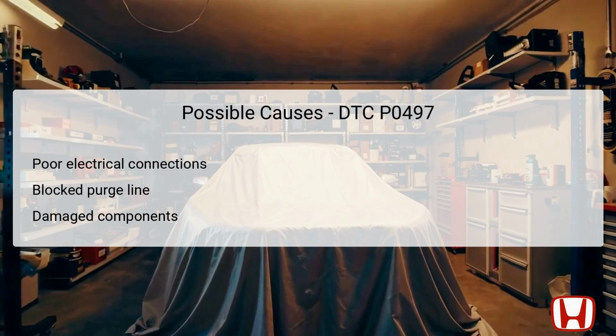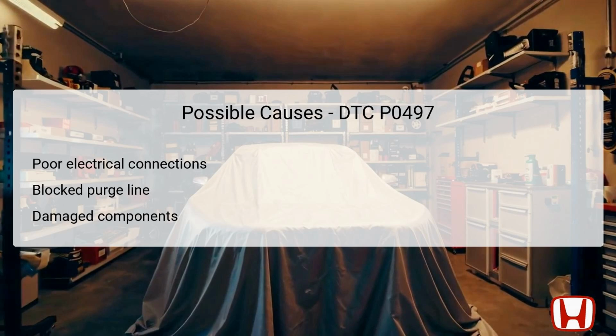Poor electrical connections at critical components can lead to intermittent signals and prevent the purge valve or sensor from functioning correctly. Blockages in the purge line leading from the throttle body to the EVAP canister might restrict vapor flow, resulting in low purge flow detected by the system.